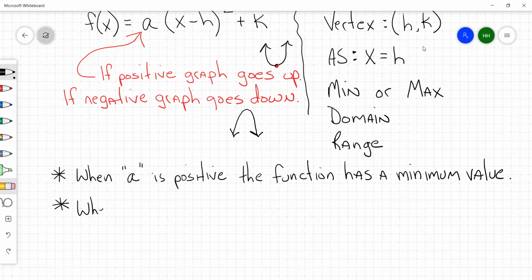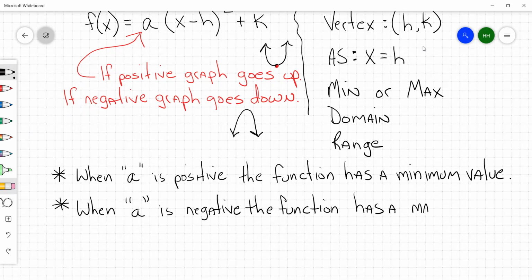When a is negative, the function has a maximum value. And that's because when your a is negative, the graph goes down and the vertex is at the top.